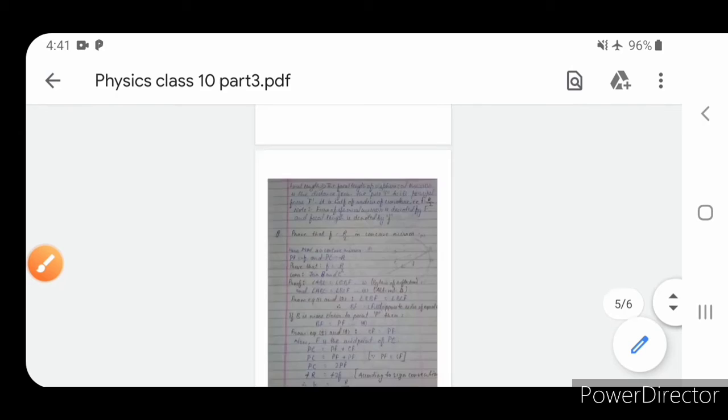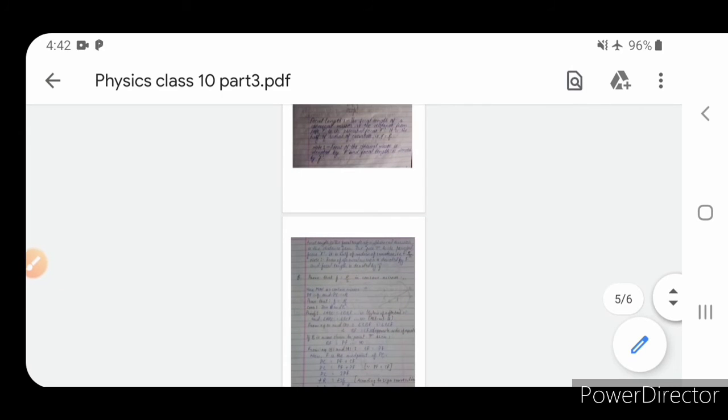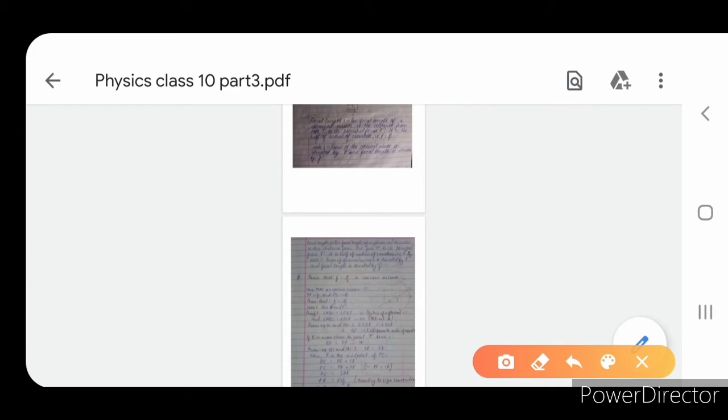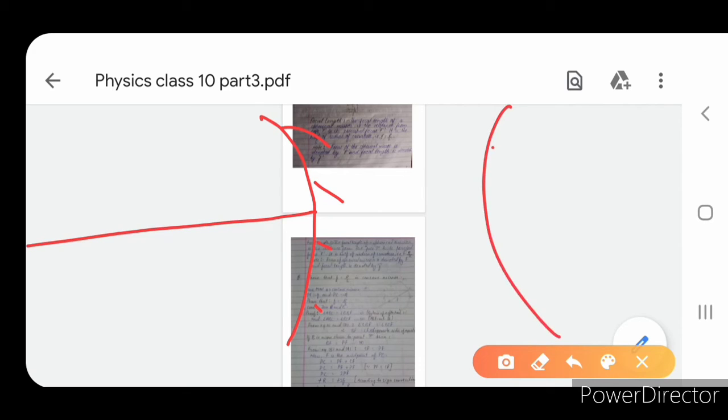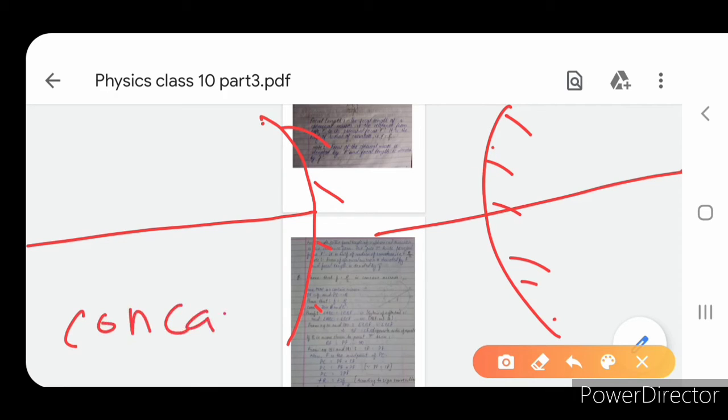Now we have to know about sign convention. Look here. According to sign convention, just assume this is a mirror. This is a concave mirror, and this is a convex mirror. The reflecting surface of a concave mirror is bent inward, and the reflecting surface of a convex mirror is bent outward.